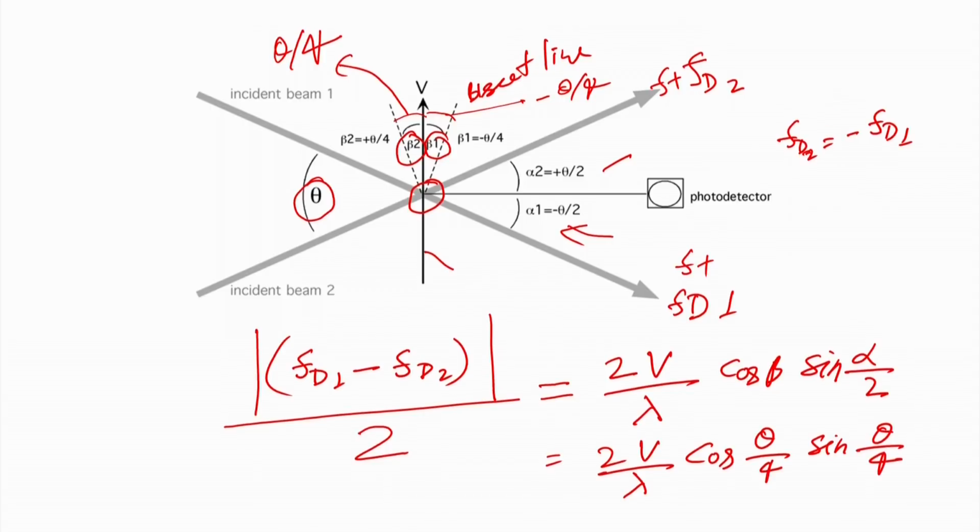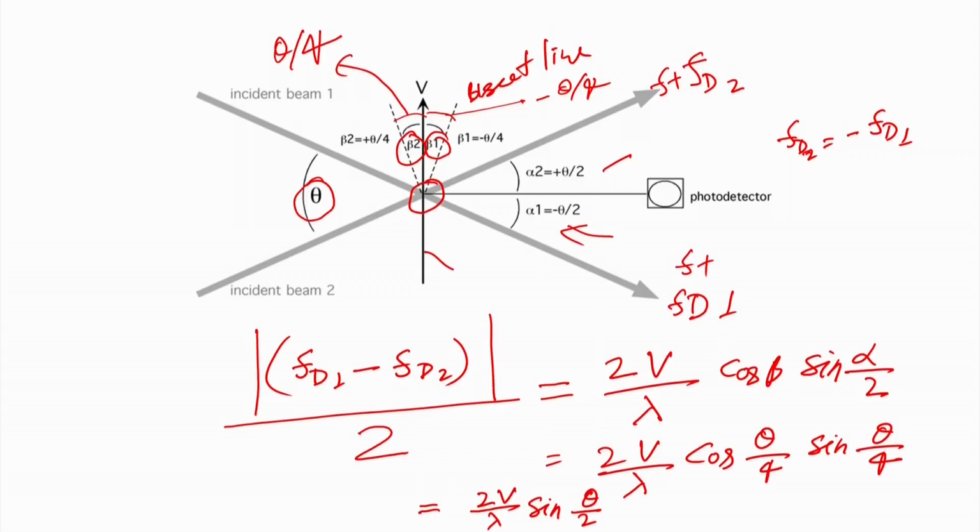That does not change your result, because cos of minus theta is equal to cos theta, and sin of minus theta is equal to sin theta. So, you get this value divided by 2. Okay. If you solve this, you will get 2V upon lambda into sin theta by 2. Here, 2 cos theta into sin theta is equal to sin 2 theta. That is what we have used, and you will get the FD value.